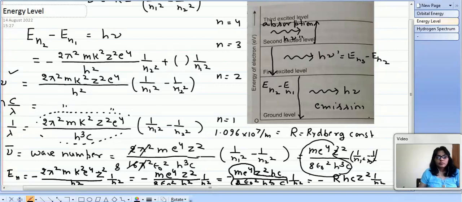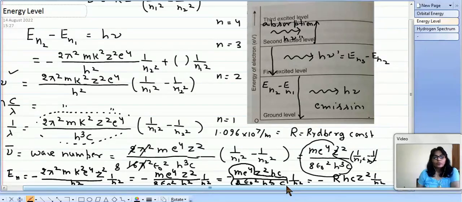So in these two pages, we have calculated the energy corresponding to any orbit in the atom when the electron is revolving around the nucleus in various energy levels given by the principal quantum number n equal to 1, 2, 3, 4 and so on.